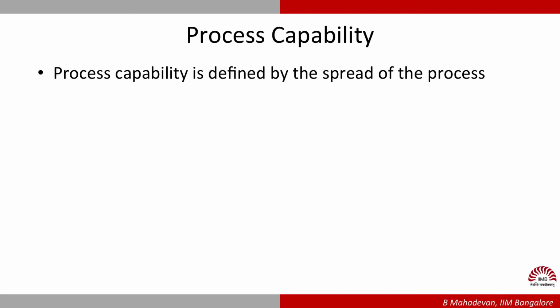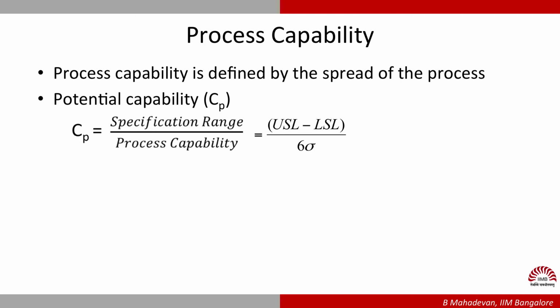So if you summarize all these learnings from these two graphs, first of all, process capability is defined by the spread of the process. Potential capability, what is the potential of a process? This measure is called CP, potential capability is called CP. CP is the ratio of specification range to the process capability indicated by USL minus LSL over 6 sigma.